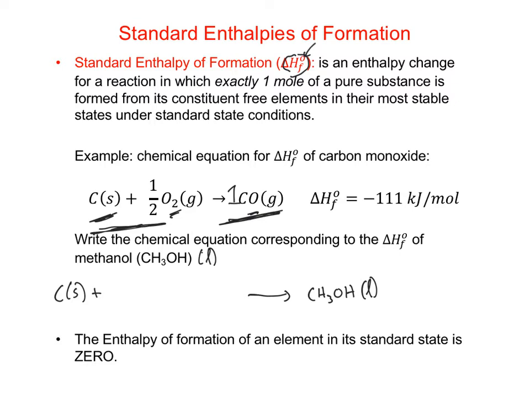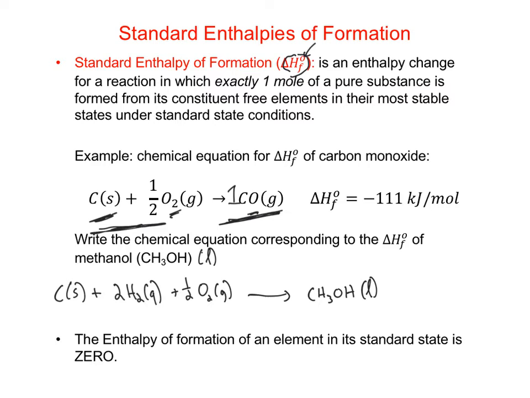Right, I need 4 hydrogens. And hydrogen is H2, so I'm going to do 2 H2 gas, and then I want just 1 oxygen. And as we said before, oxygen is also O2, so I'm going to have to use a fraction again, and so I'll have 1/2 O2 gas. So that would be the equation corresponding to the enthalpy of formation of methanol.